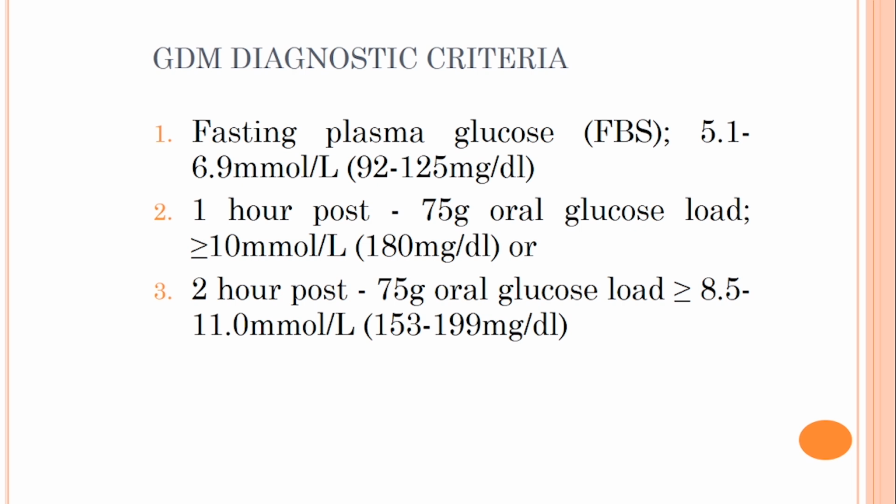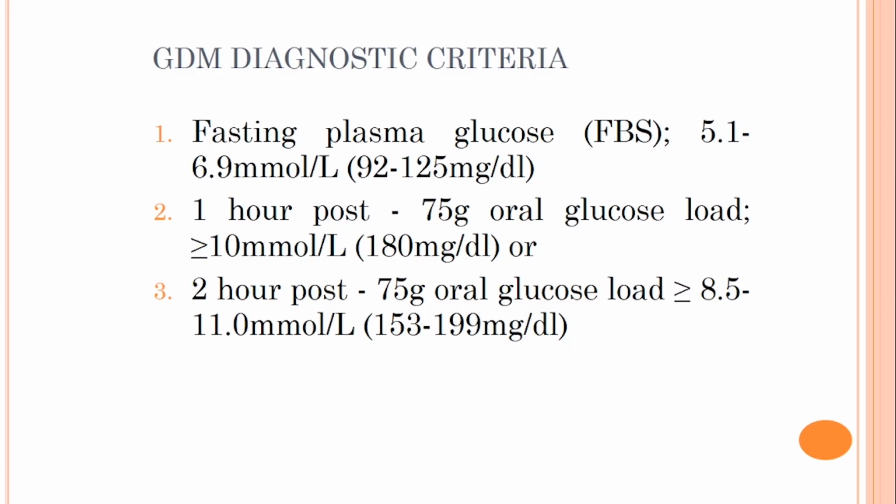So what are the diagnostic criteria for gestational diabetes? Number 1, when you have fasting plasma glucose of between 5.1 and 6.9 millimole per liter. So it falls short by 0.1 of the WHO diagnostic criterion of greater than or equal to 7 millimole per liter.